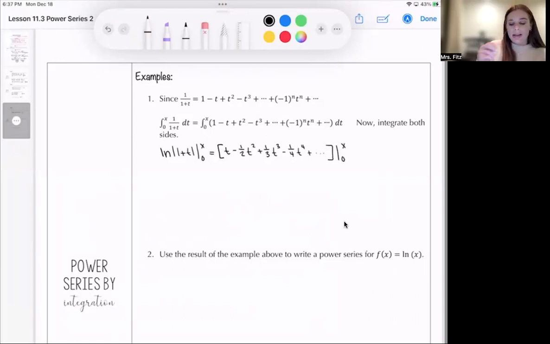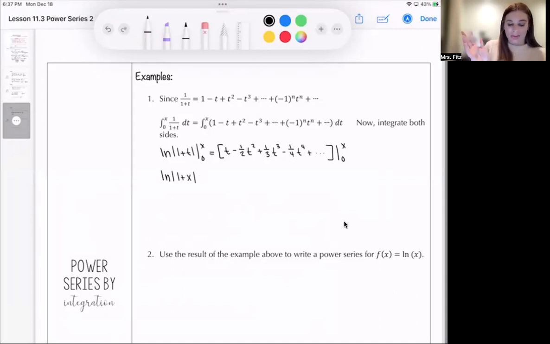Okay, so when we plug in, we end up with natural log of the absolute value of 1 plus x minus, now it ends up being the natural log of 1 plus 0, which is the natural log of 1, that's 0.